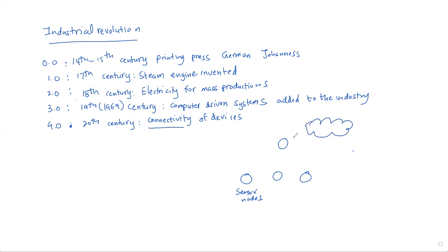Then within the facility also we can have different routers, and another facility could be somewhere away from this location. Let's say this industry is in Colombo, another industry is in Horana or something.